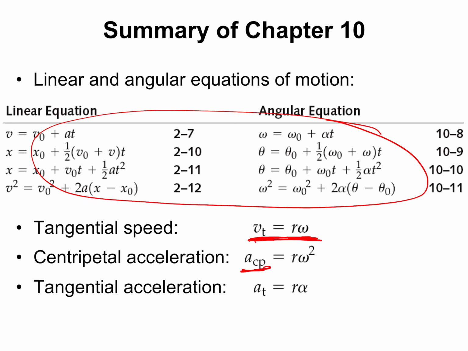And because you have rotational motion, you always have centripetal acceleration, which corresponds to the change in direction of the velocity. Also you have a tangential acceleration. This is the centripetal, this is the tangential. Both of them form the net acceleration, equal to a_cp plus a_t.